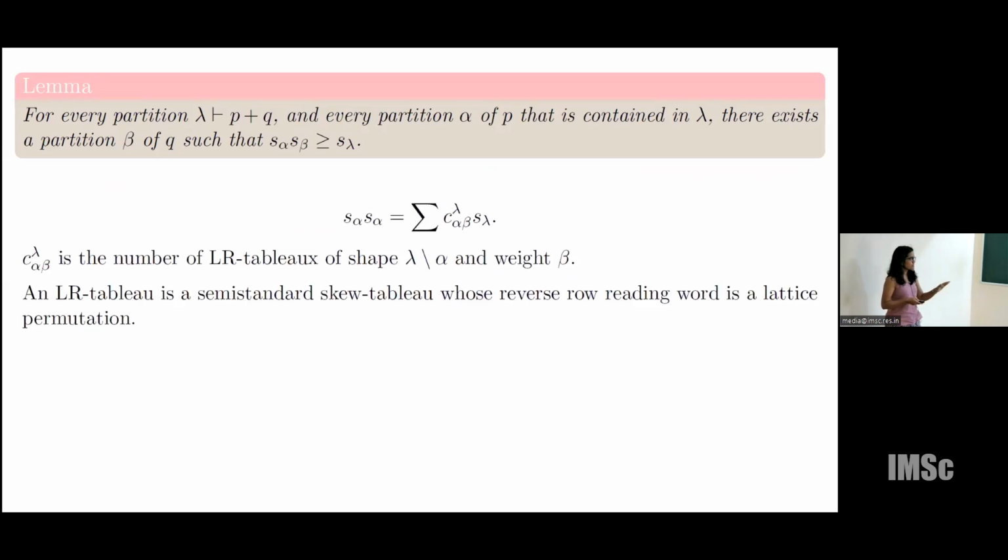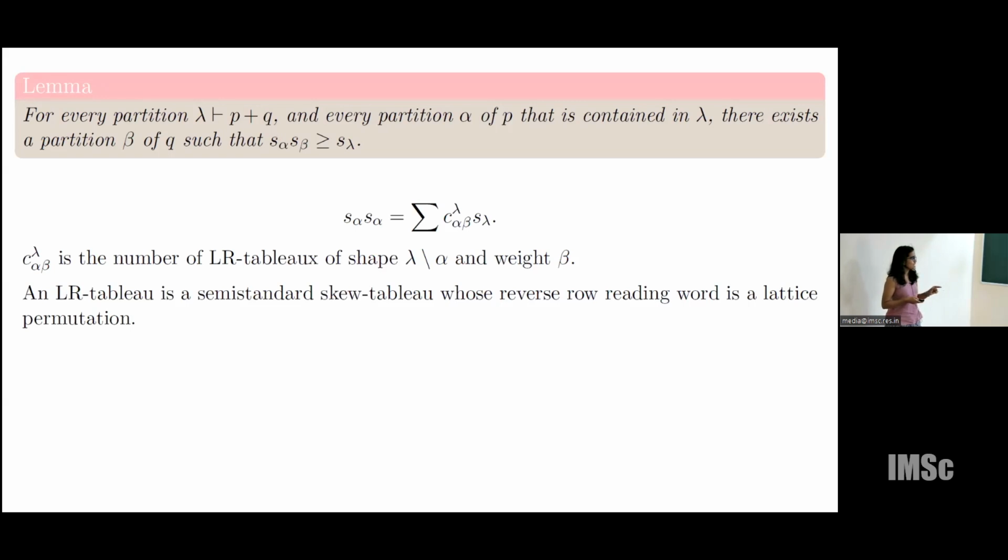So we know, with a small typo, that the product S alpha S beta is given by this summation. That is, the number of times each S lambda appears will be equal to C alpha beta lambda. So what we need to show is that this C alpha beta lambda is non-zero, to show that S alpha S beta is greater than or equal to S lambda.